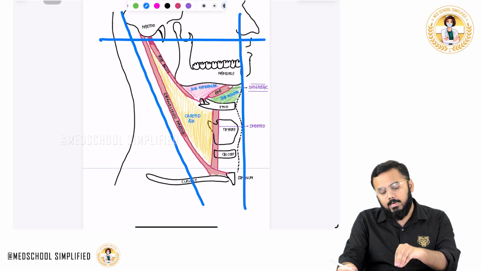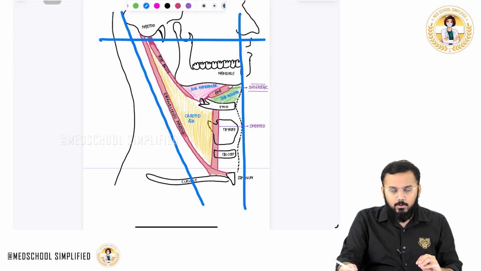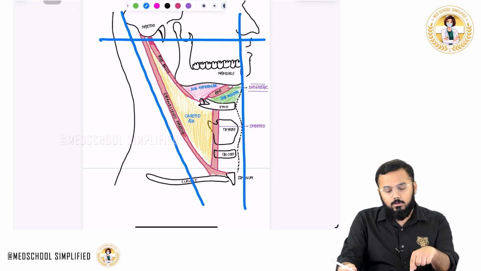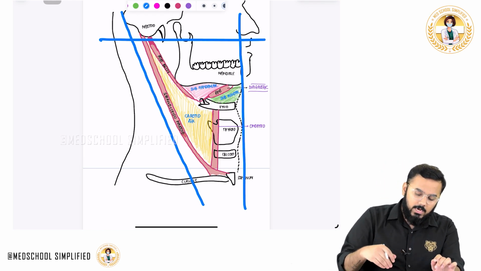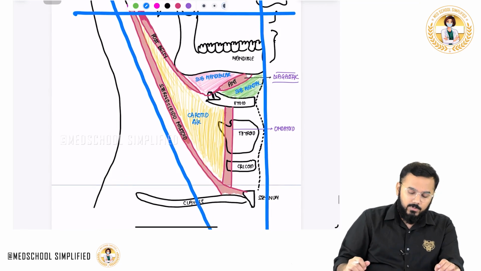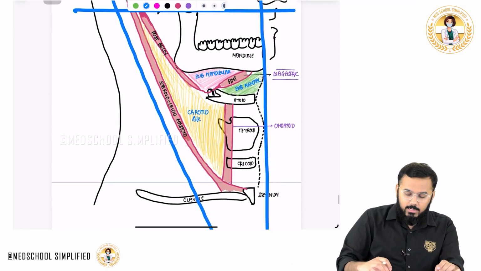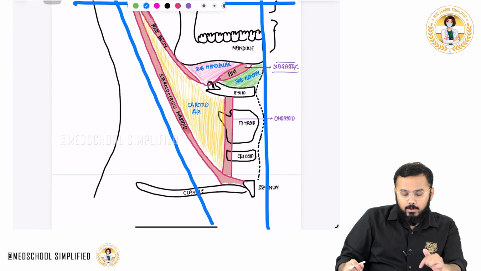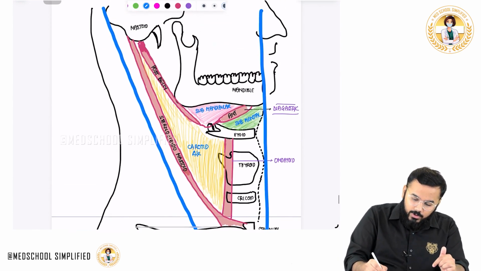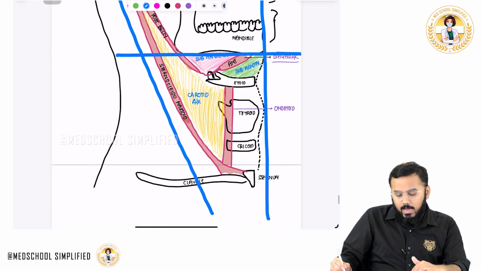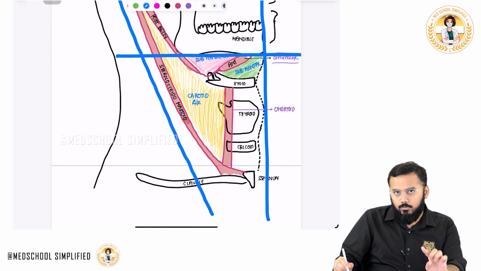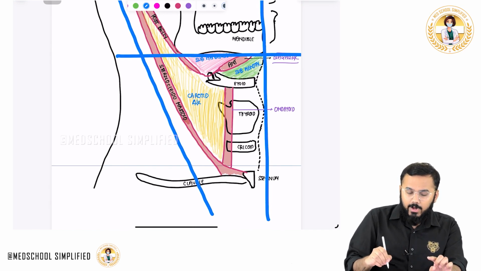Within the anterior triangle there are three other small triangles. But overall, what you need to know is that this is called the anterior triangle. Now if I ask the borders of the anterior triangle, what will you tell? I have to draw this triangle till here only, like this. What are the borders of the anterior triangle?